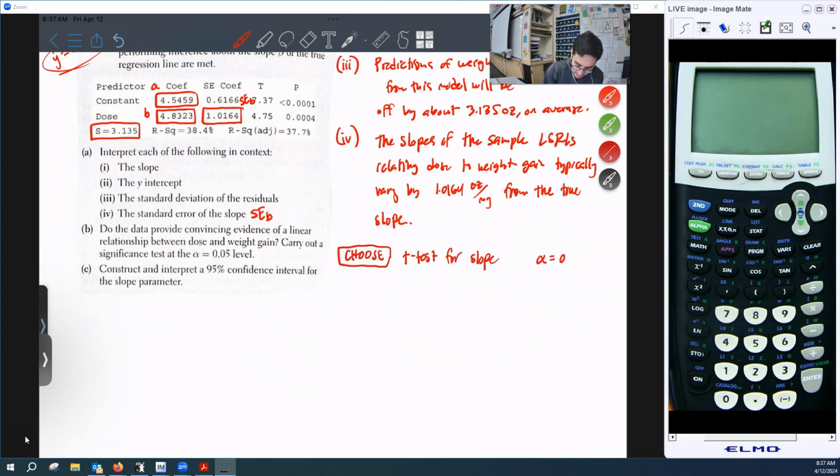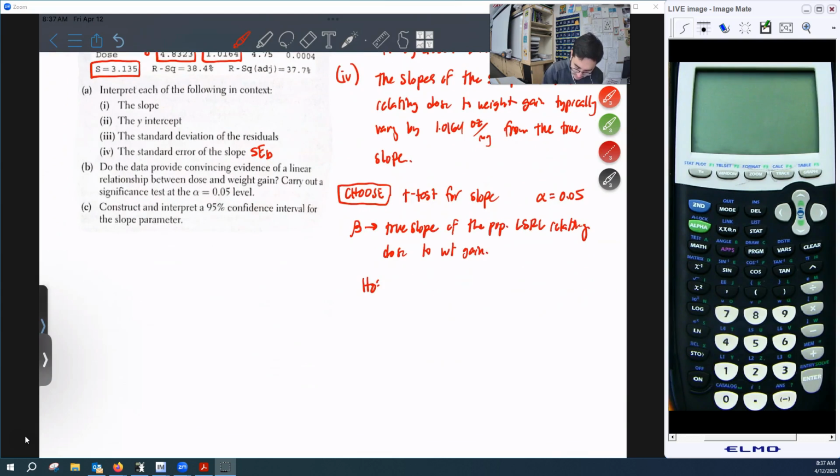Okay, our significance level is 0.05. Our parameter is beta. Okay, so here beta represents the true slope of the population least squares regression line relating dose to weight gain.